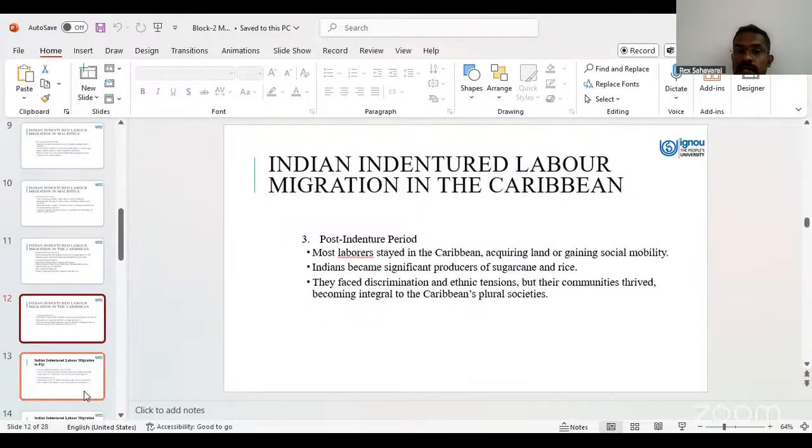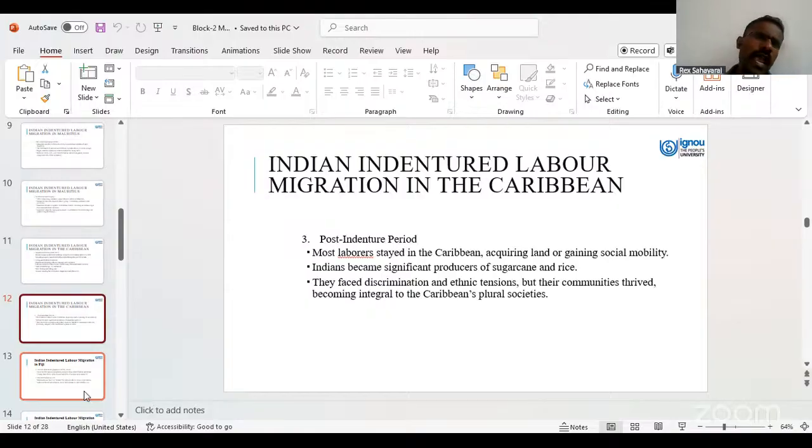And on indentured labor migration in the Caribbean, in the post-indentured period most laborers stayed in the Caribbean, acquiring land or gaining social mobility. So Indians became significant producers of sugarcane and rice, right?